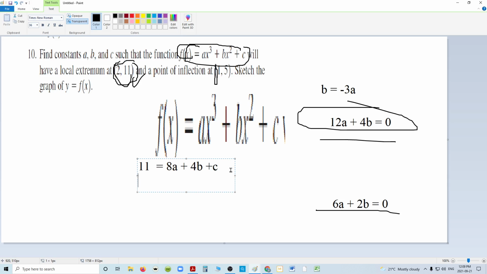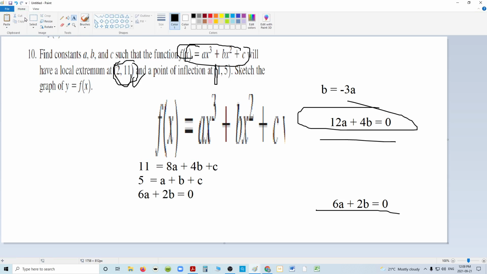And I'm also going to get another point, that when y is 5, x is 1, so I get a plus b plus c. And I finally have the other formula, which is 6a plus 2b is equal to 0. I now have 3 legitimate formulas.